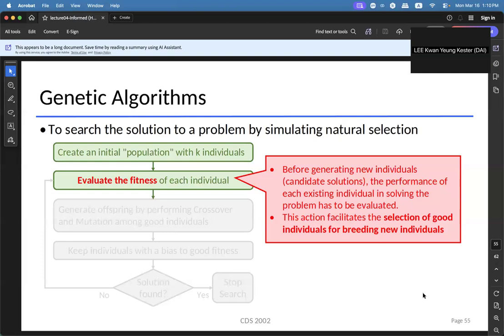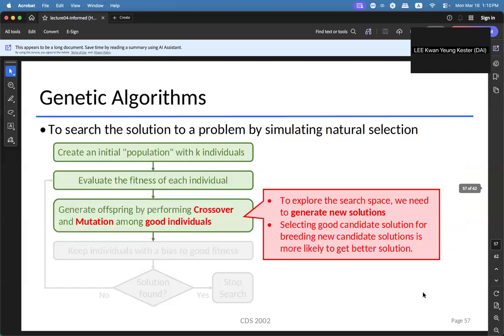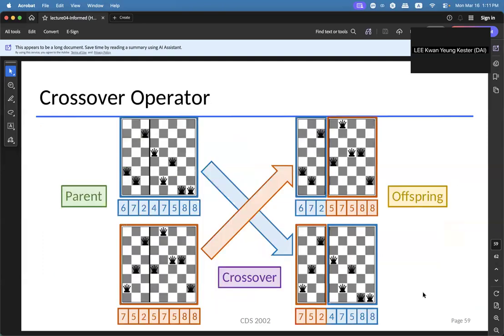And then the next part is that we try to generate the offspring by crossover and mutation. The crossover is that we try to split the vector of both solutions into two halves, and then we swap them, like crossing over a chromosome in real organisms.